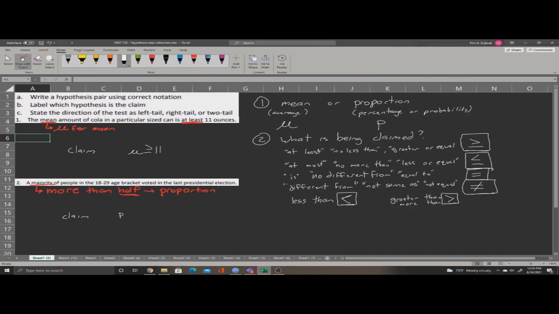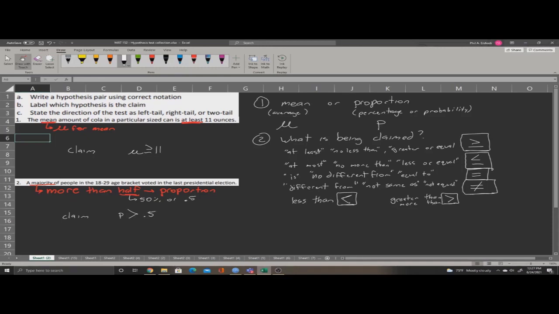So in question 2, where we see more than half, we're going to simply use the greater than sign. And half is the same thing as saying either 50% or 0.5. So we can say that our claim is p greater than 0.5.